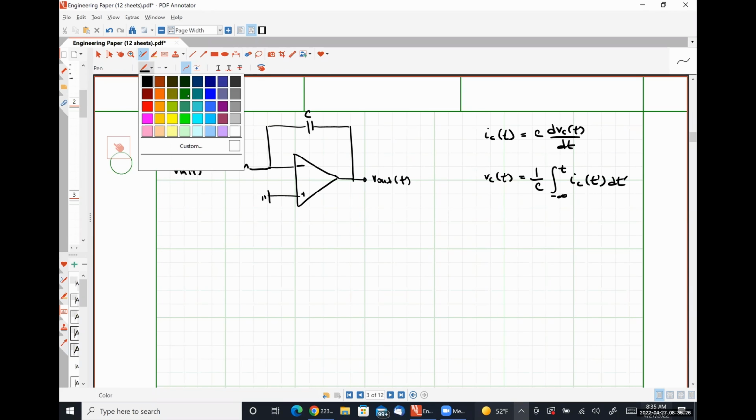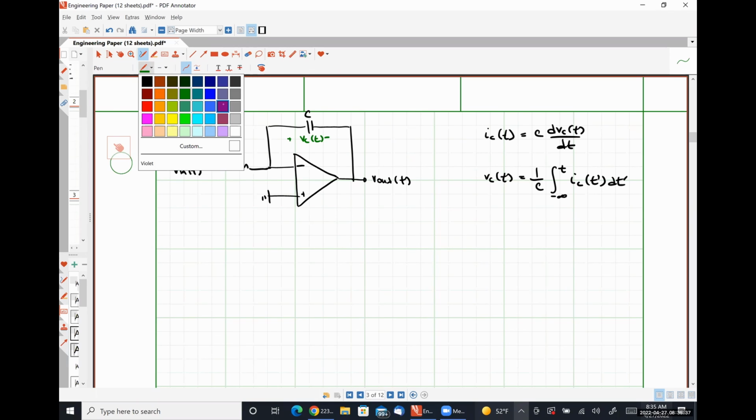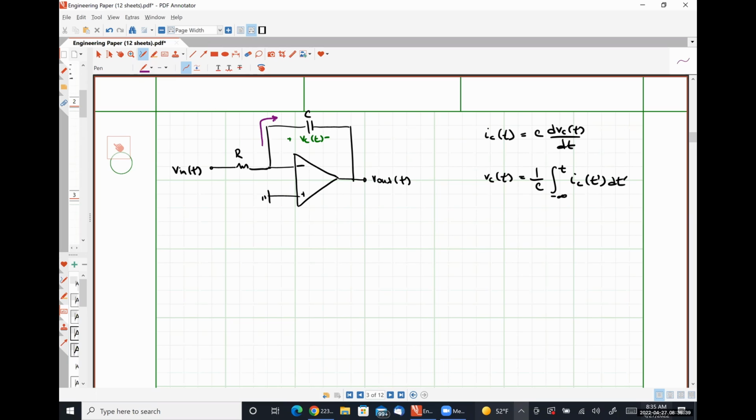So I'm going to label this voltage drop as Vc of t. And I'm going to label this current as IC of t. So applying op-amp rule number 1, we know that these currents are 0 amps.